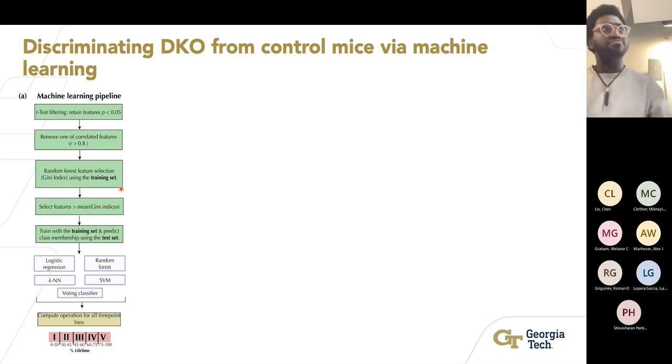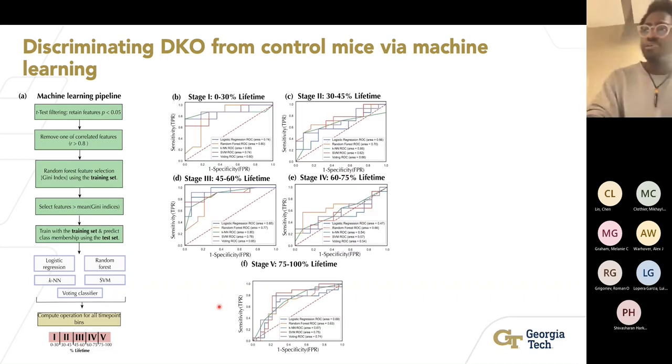In this case, I used a random forest feature selection. And then once I select the features, I use this machine learning algorithm to actually, of course, test the accuracy of the features and the models that were selected. And this is done for the 5 lifetime stages that are actually present.